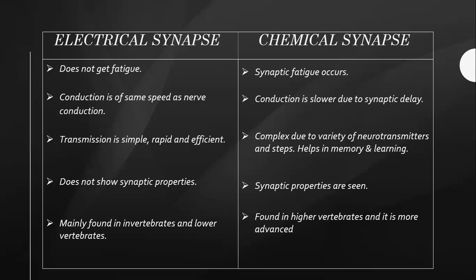These properties can be exhibited by the chemical synapse, whereas electrical synapse can just transmit the electrical information, the action potential, which is received by the presynapse directly to the postsynapse. So, as we conclude, we have electrical and chemical synapses with their own properties which are required in our body.